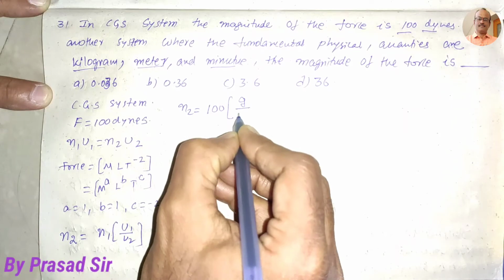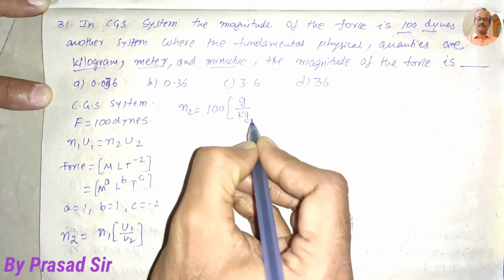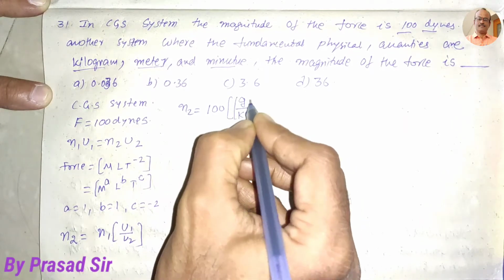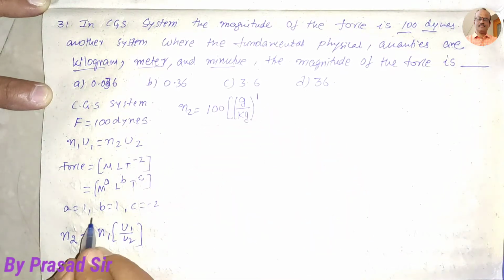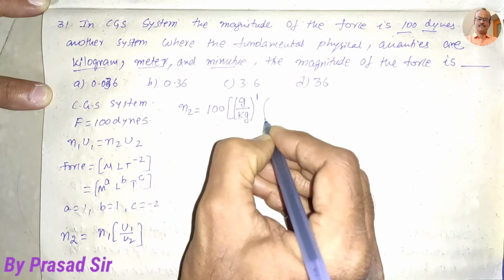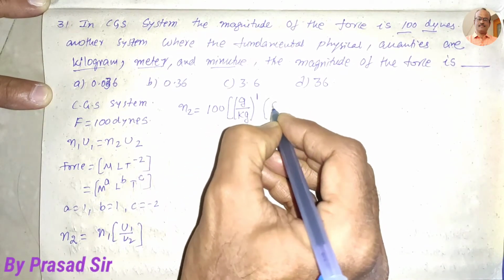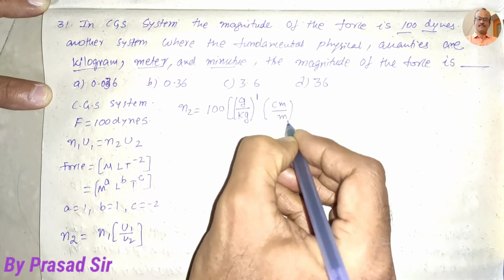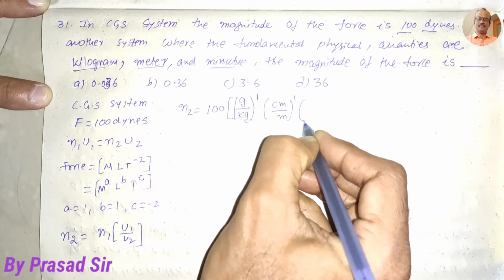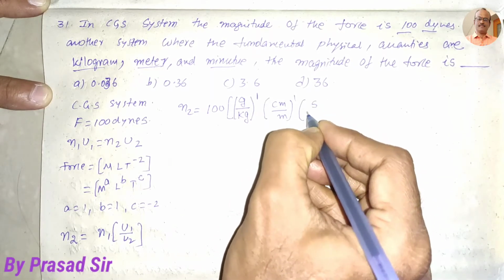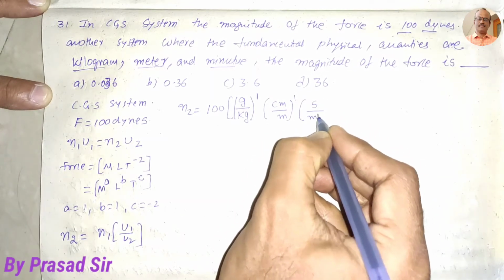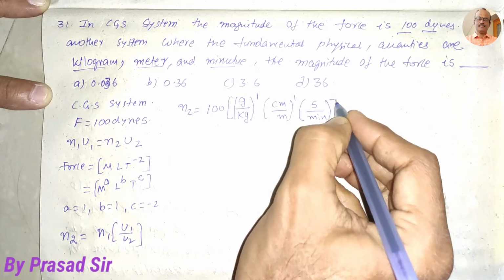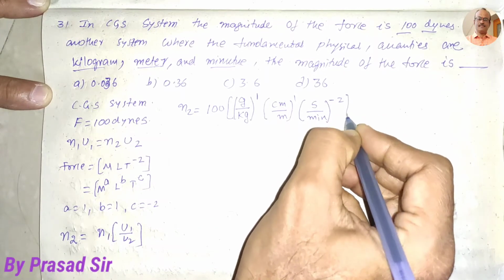Gram by another system, that is kilogram, to the power of 1, and centimeter divided by meter to the power of 1, and then second by minute to the power of minus 2.